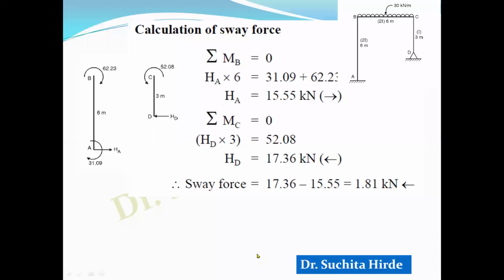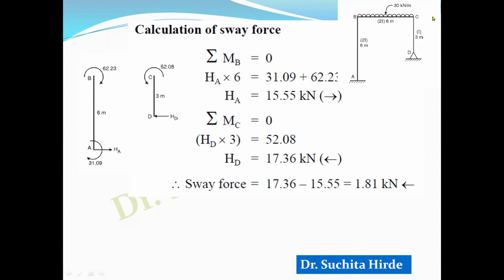Now some student may get confused about why the sway force is in the same direction as the reaction. Remember that what we are calculating here is for an arbitrary support. So whatever reaction is developed at C, the sway force is equal and opposite to that force. So what will be the reaction here?